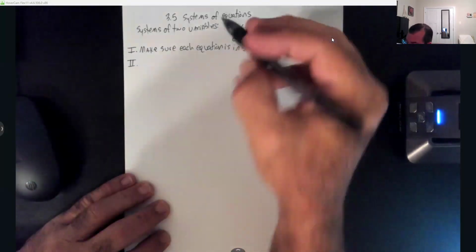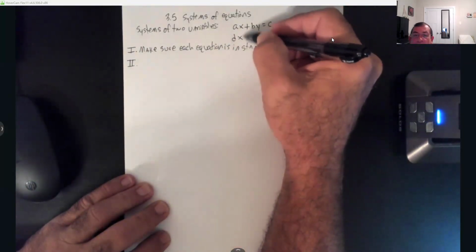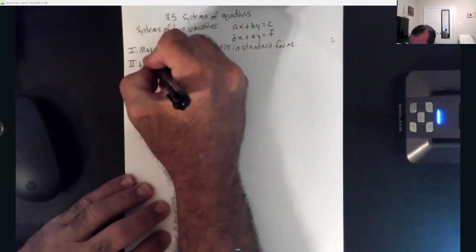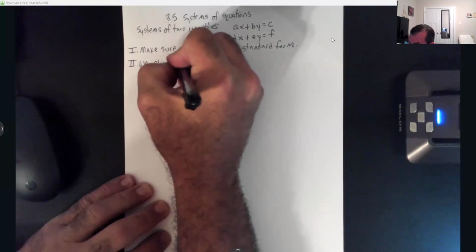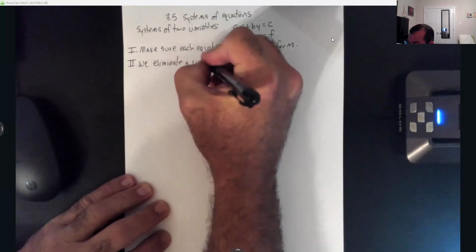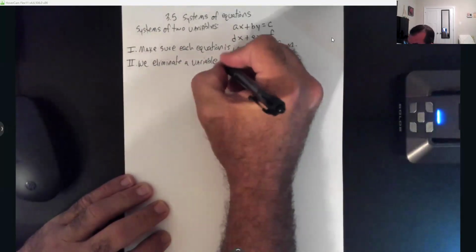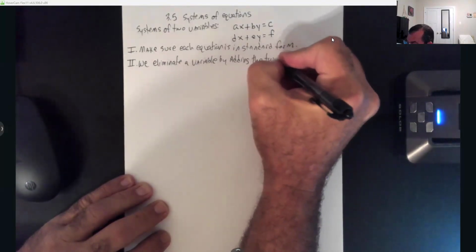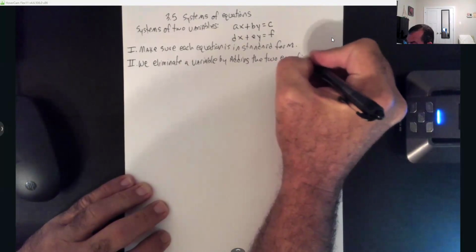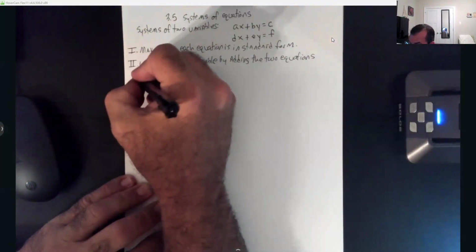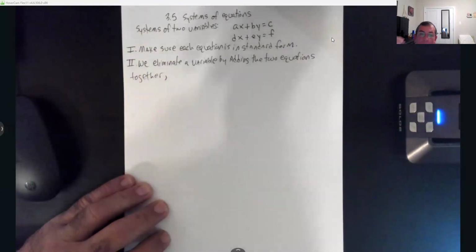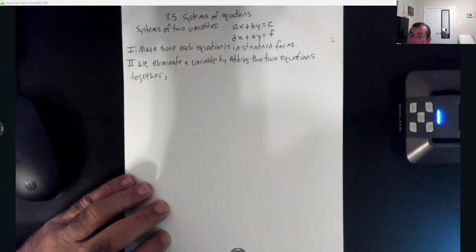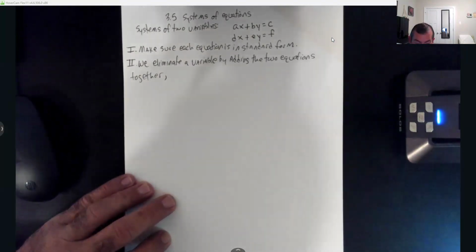Now, to eliminate variables, we eliminate a variable by adding the two equations together. Now, it may be needed that you need to change one or both of these equations so that one of these variables will eliminate.